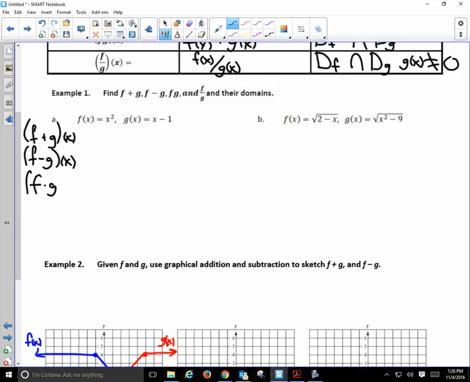F times g of x and f divided by g of x. So if I want to add them together, can you add x squared and x minus 1? Are there any terms that combine together? So I just write x squared plus x minus 1.